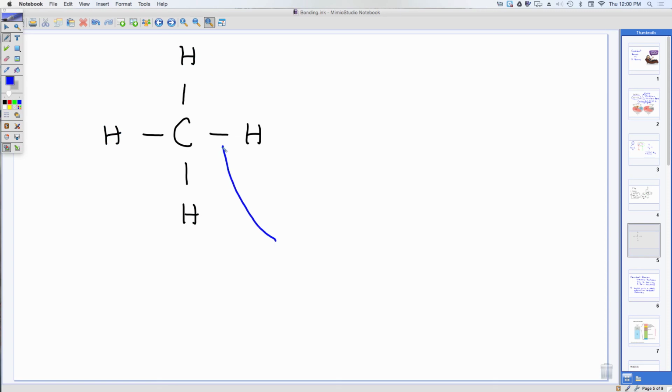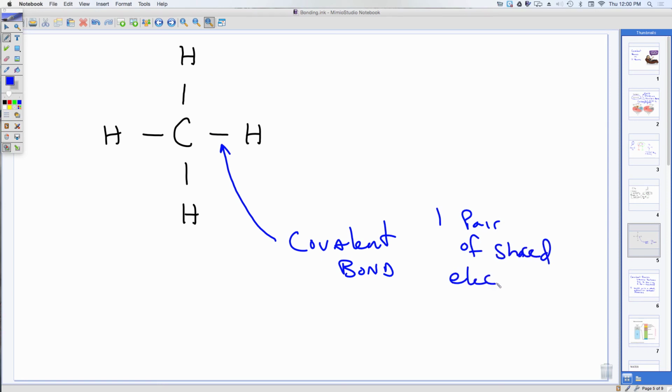Once again, this straight line represents a covalent bond. And that covalent bond is 1 pair of shared electrons.